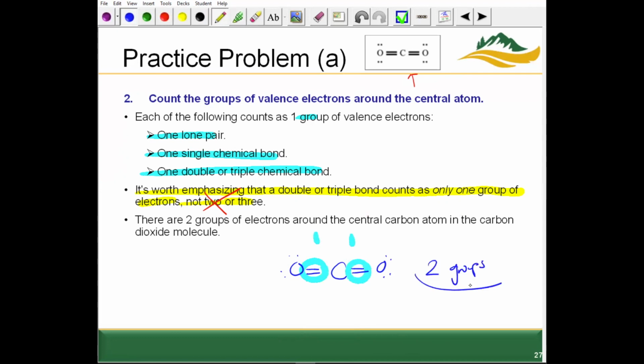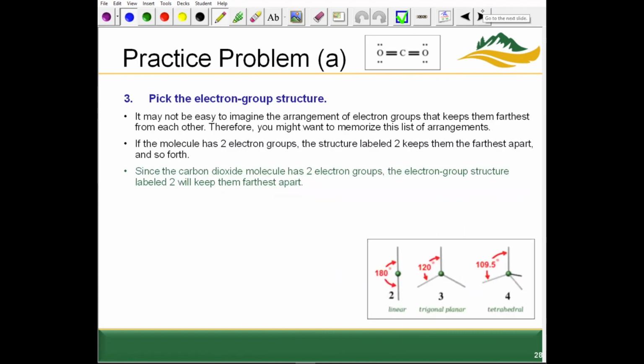So two regions of electron density, or two groups of valence electrons to be specific, around the central atom of carbon. So two groups around the central atom, we know what geometry that leads into. To keep two groups as separate as possible, we will have linear molecular geometry where that bond angle between the two atoms is 180 degrees.